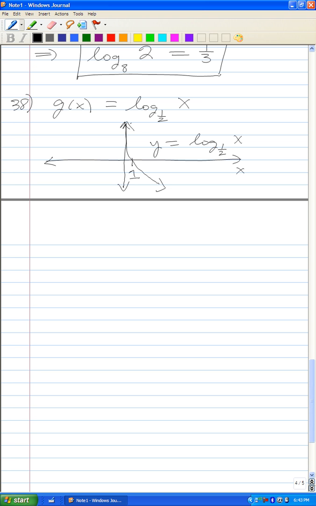And so let's find the x-intercept, which of course I know is 1. To find the x-intercept, I replace y by 0 and solve for x.